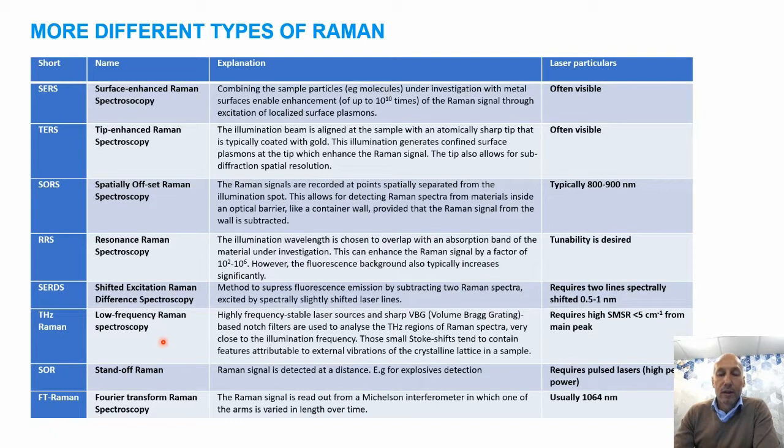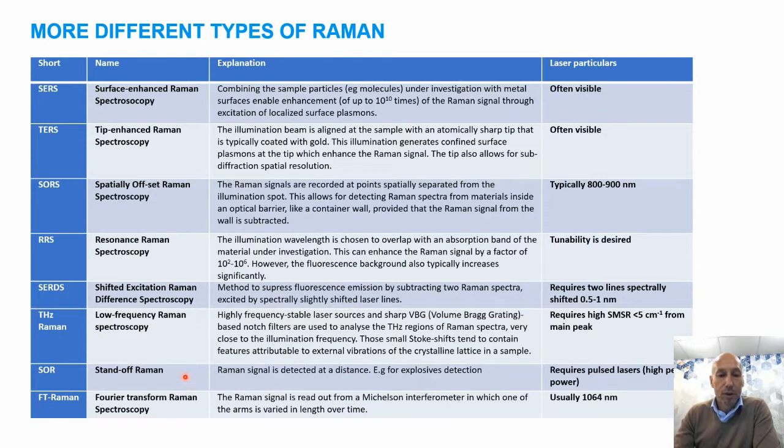And this can be very interesting for determining the crystallinity of pharmaceutical substances, which in turn is very important to control the therapeutic efficiency of a drug. But in order to record Raman spectra in the terahertz region, you have to work with a laser source which has very high side mode suppression ratio or spectral purity, very close to the main peak, as close as a few wave numbers from the main peak, which is a few hundred picometers in wavelength.